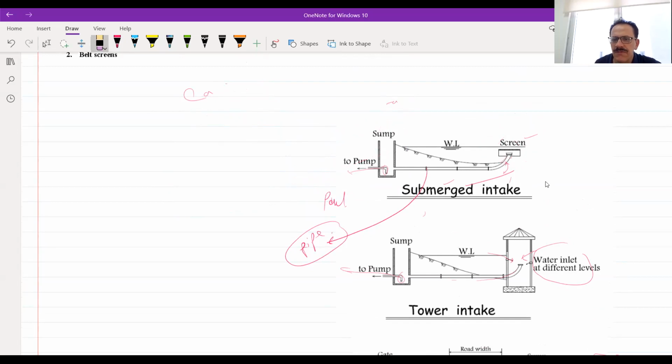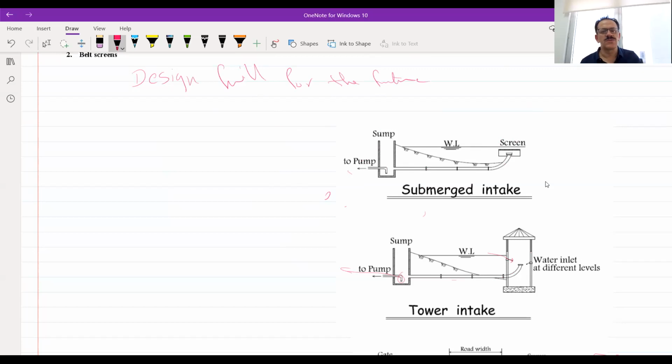There is a theory for the design, and there is a theory for the check. Usually the design for any structure that you will have will be for the future. It means that if you are a designer, you have to design your structure for the future, meaning after 35 to 40 years. This is called the design period.